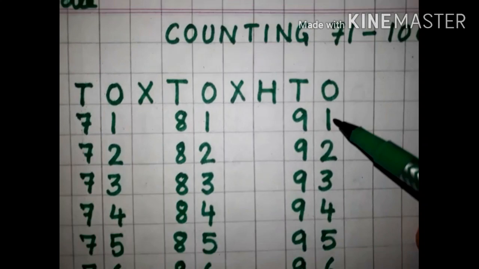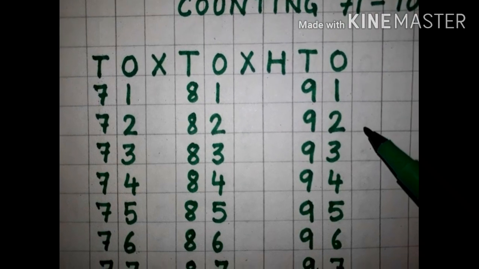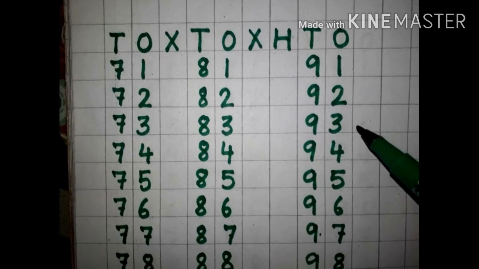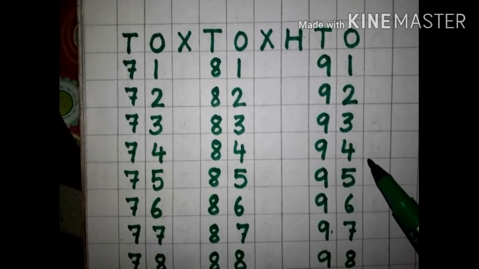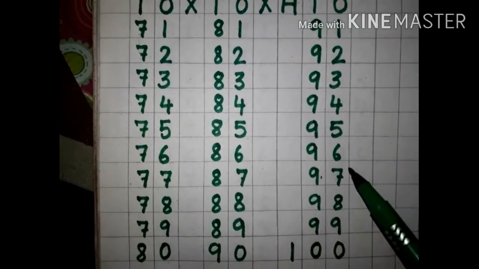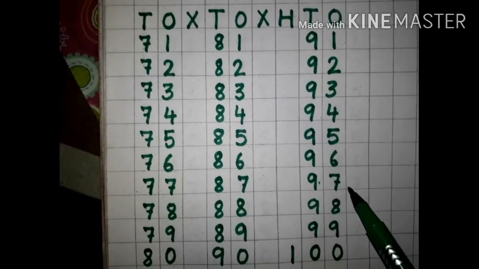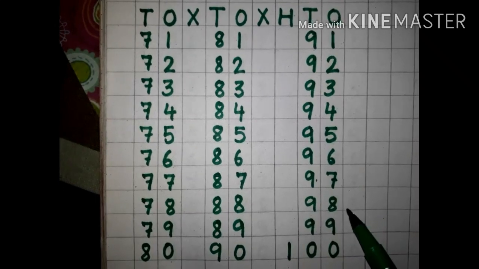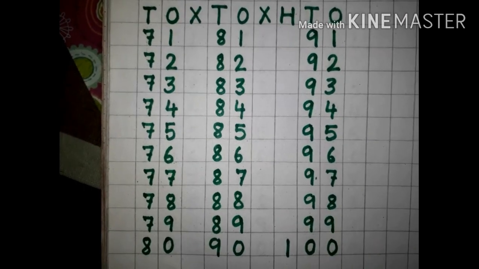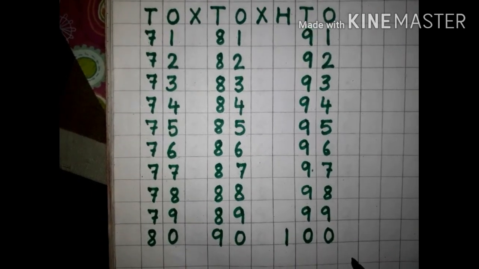Now the last line. 91, 92, 93, 94, 95, 96, 97, 98, 99, and it is 100.